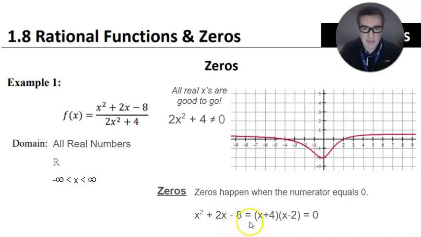And if I factor that, I get x plus 4 and x minus 2. And when those equal 0, that's where our zeros will land. You'll notice that a negative 4 would cause this expression to equal 0. And a positive 2 would cause this expression to equal 0. And that's why we have a 0 here at negative 4. And a 0 here at 2.